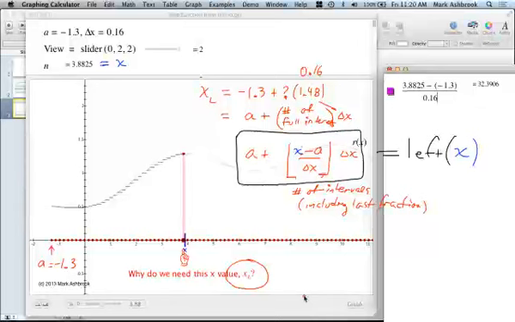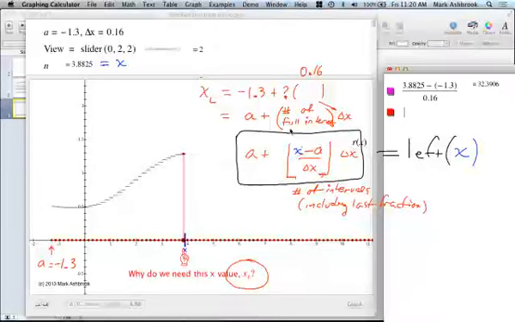You see? Okay, so in building this graphing calculator file, first of all, let's check our answer here. Did we get an answer for this? We want negative 1.3 plus 32 times 0.16. So we're saying that this is 32.